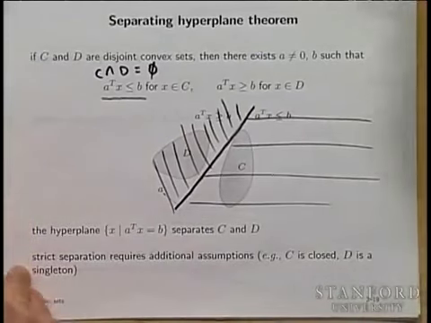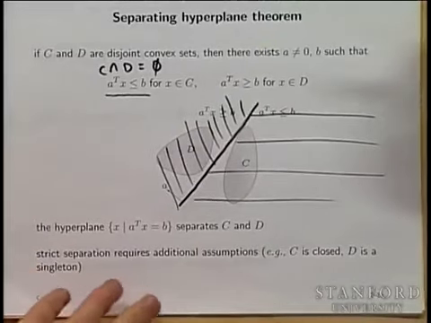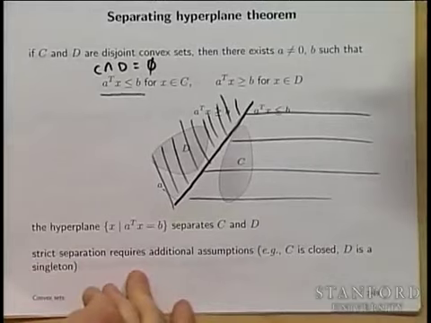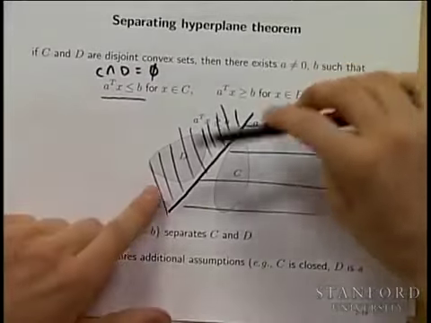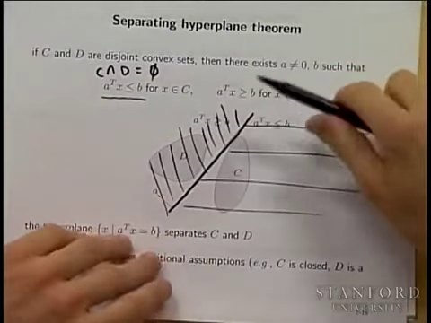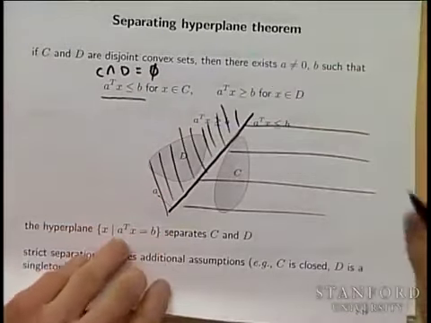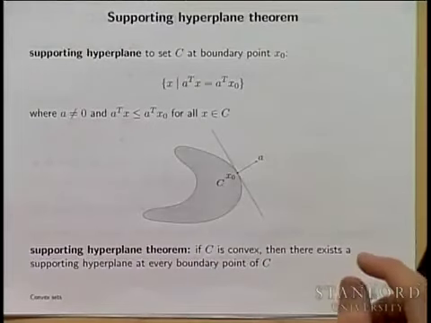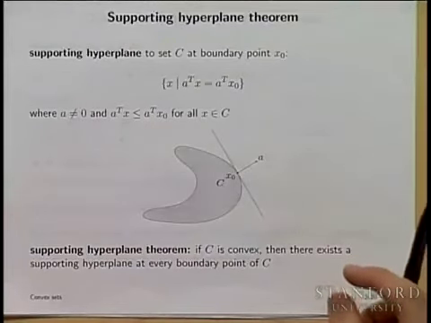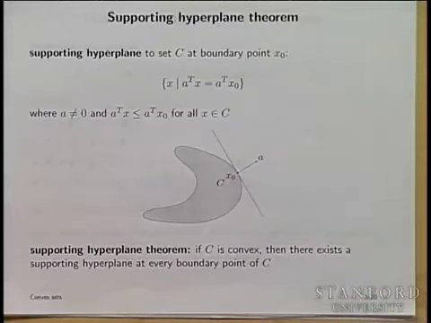Now, strict separation requires more. So I won't go into the details here, but strict separation would be a hyperplane that actually passes through neither set. So we can use this separating hyperplane theorem and turn it into another one called the supporting hyperplane theorem.